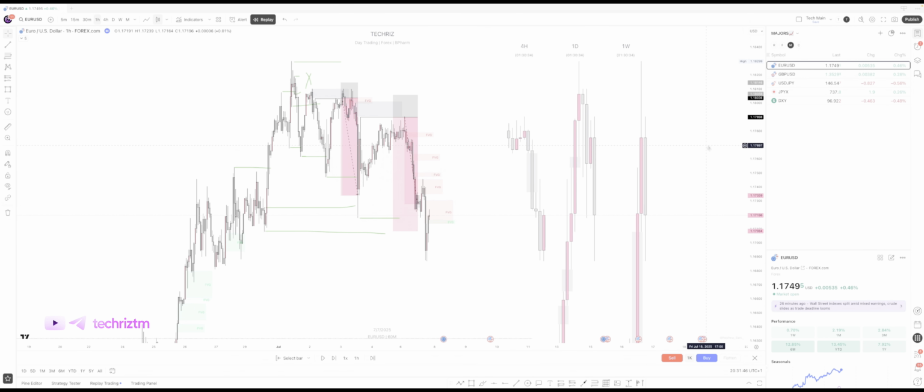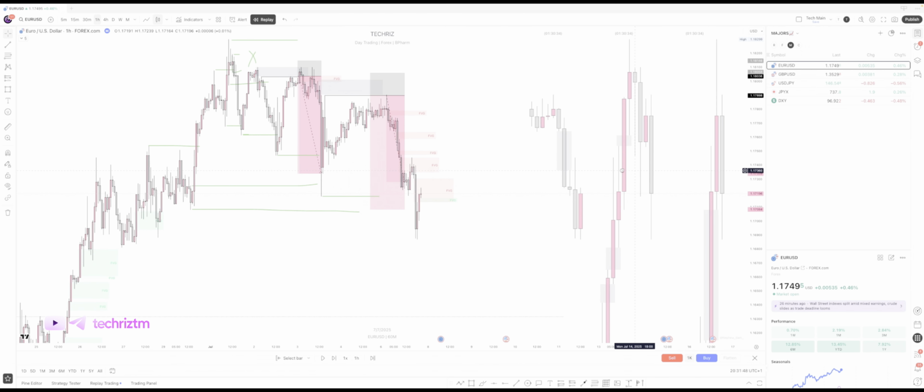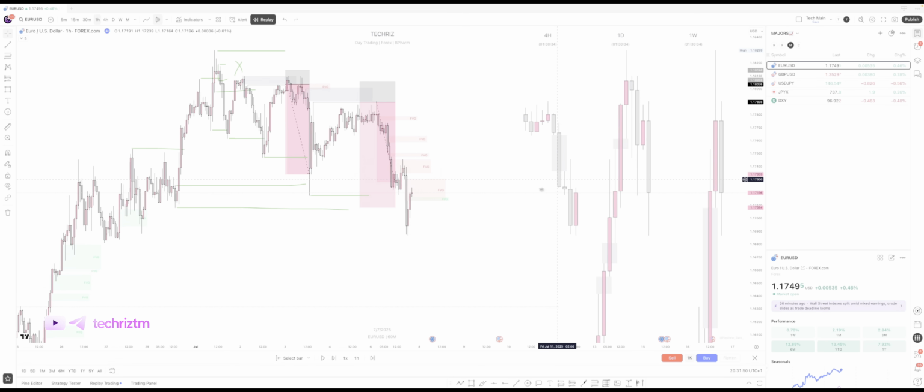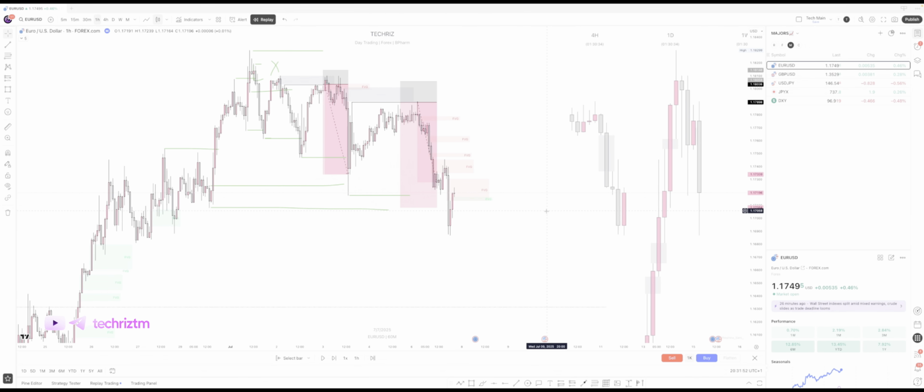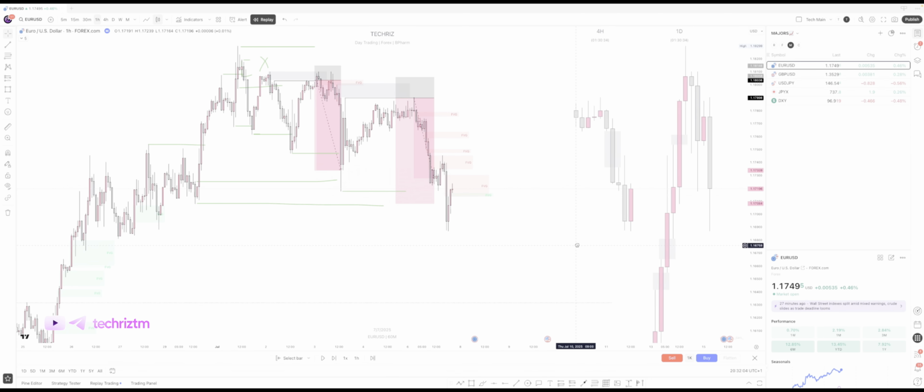Now something interesting is actually happening at the moment. You can catch most of these entries with the session indicator, but not all of them, though you can catch a few if you're very smart. Anyway, you can see that we are also reacting from that block I told you I was scared of.